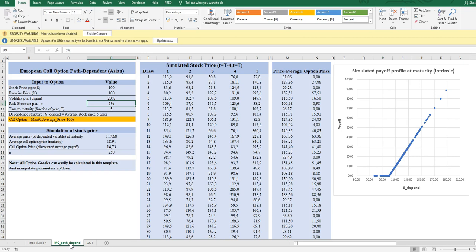So we shift the normal distribution at maturity, or at least the distribution. We don't know if it's normal. We shift it leftwards, and this makes the average value on maturity lower, but we also discount with a lower price. So this is why we can use the risk neutral principle.